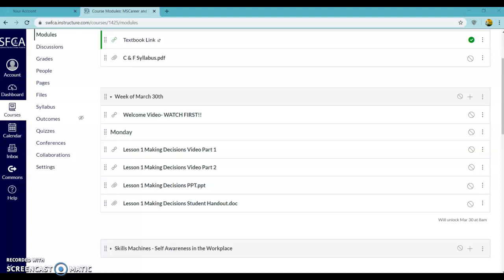So if you have issues, I for sure will be at my computer during that time. And if you email me, hopefully I should be able to respond right back to you. If we need to, we can use Zoom, or we do have collaborations here in Canvas that we can use to talk. All right, so we have some options there.